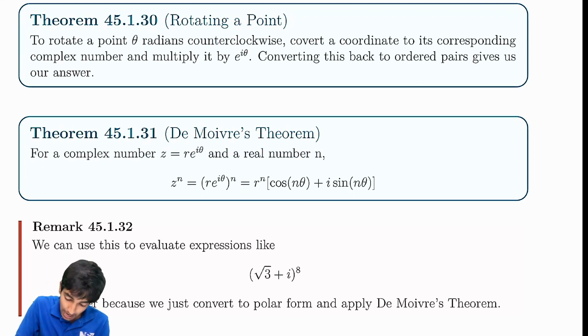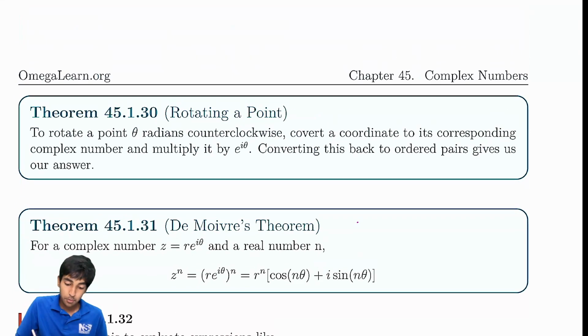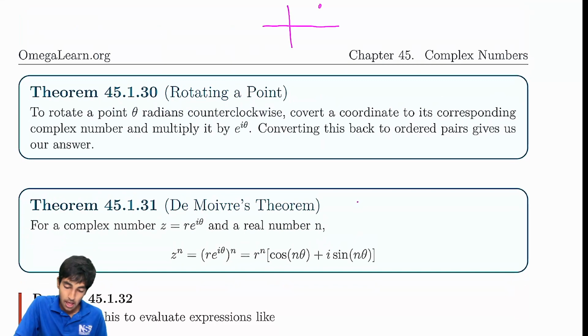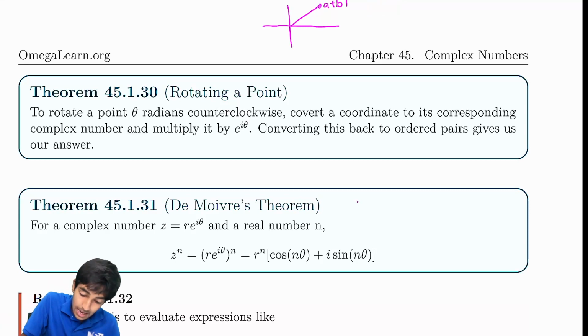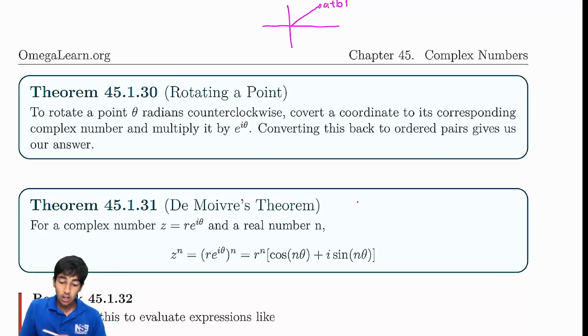But for now, the idea is that if we have a point in the complex plane, a plus bi, and we multiply this point by cis of theta, it's equivalent to rotating it about the origin theta degrees counterclockwise. That's kind of what we were thinking about earlier, of how cis theta just rotates a point. It doesn't affect the magnitude.